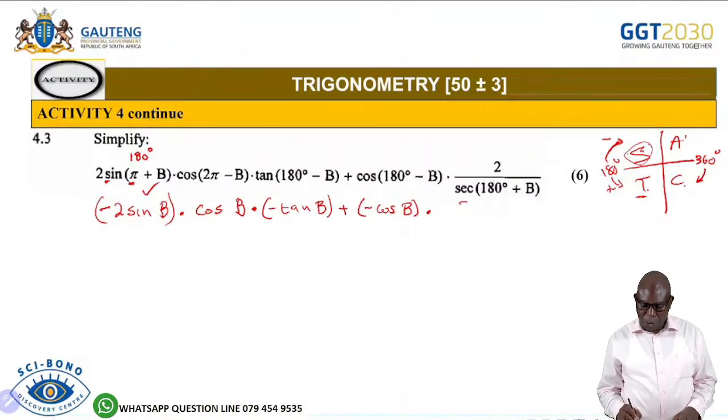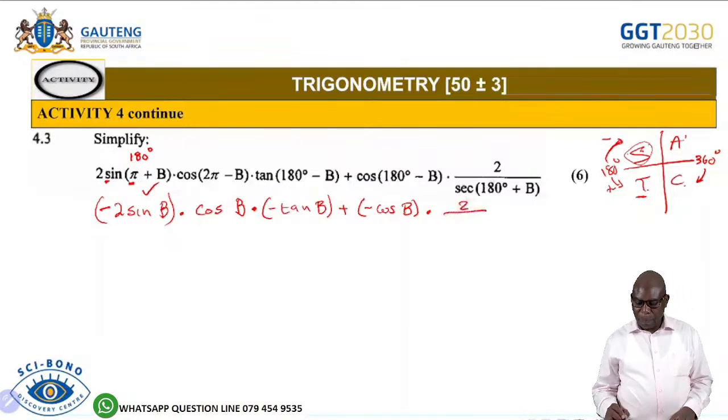So now 2 over sec is nothing else but cos. In other words, 180 plus, there's no cos here, so therefore it will be negative sec of b.